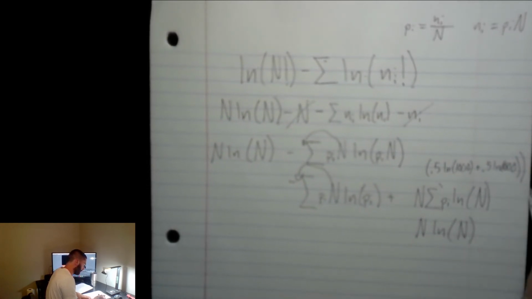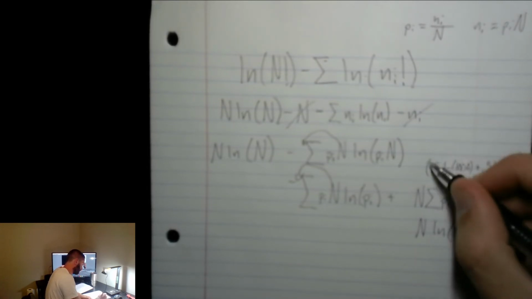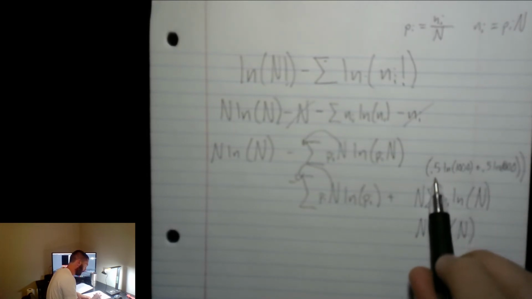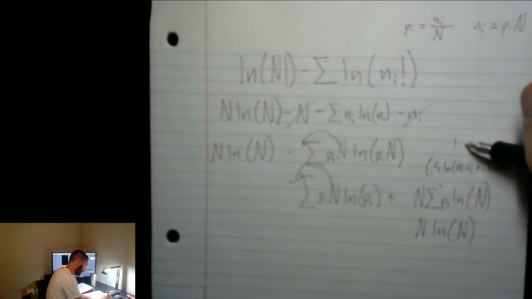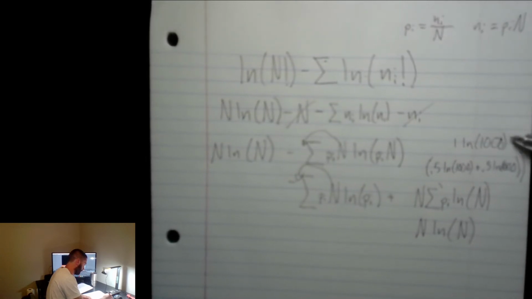So this summation, if we combine like terms, becomes 1 times the natural log of 1,000, and 1,000 is just our specific example. This is really just big N. So basically this summation becomes big N times the natural log of big N.